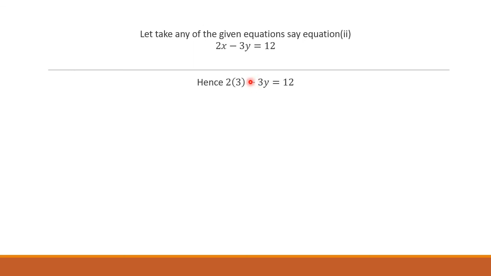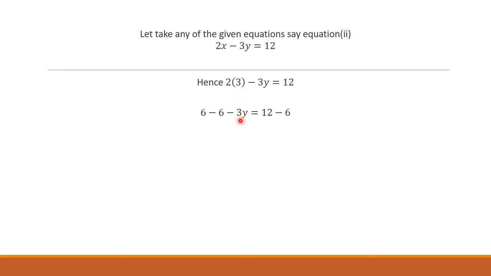It's supposed to be minus 3y. Okay, so here we are going to have 6 minus 3y is equal to 12. So this positive is not supposed to be positive, it's supposed to be negative.